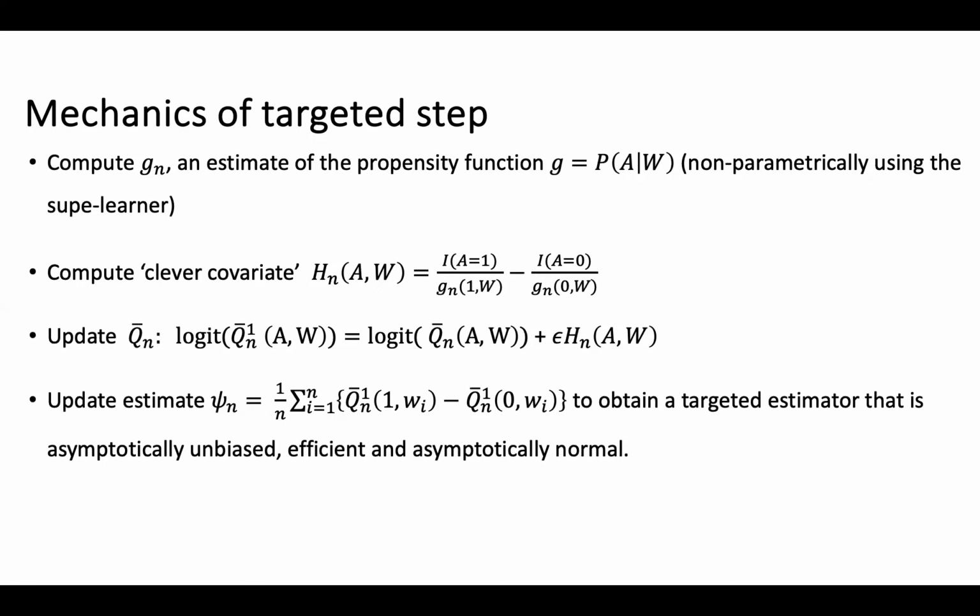You get an update. For most models, you need to keep iterating. For this particular version, with one update, you already find the optimal, so you don't need to keep iterating. And that's it. So you have your final estimate.